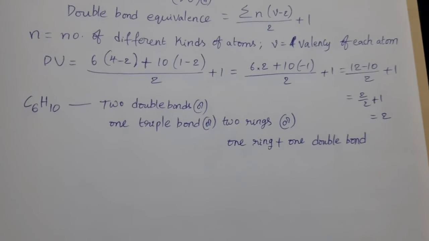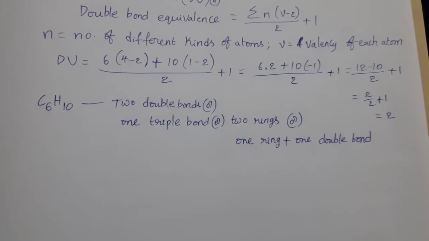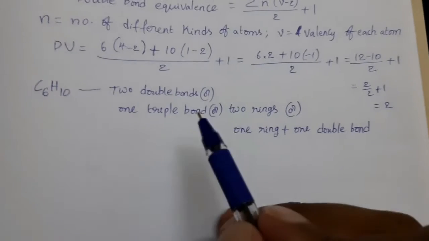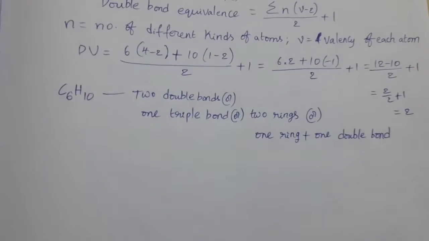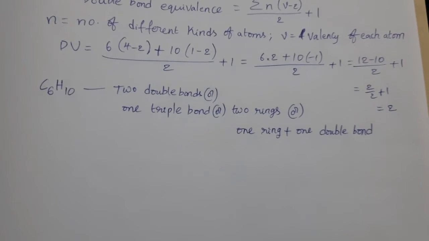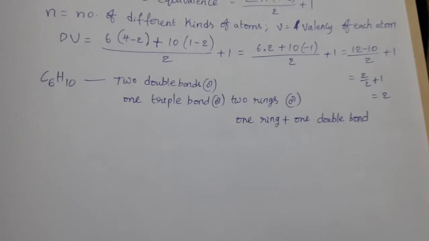It is not an alkene because the molecular formula does not satisfy the alkene general formula. Another possibility is a triple bond. Yes, it satisfies the alkyne general formula. So it may be an alkyne, or it may be 1 ring plus 1 double bond.